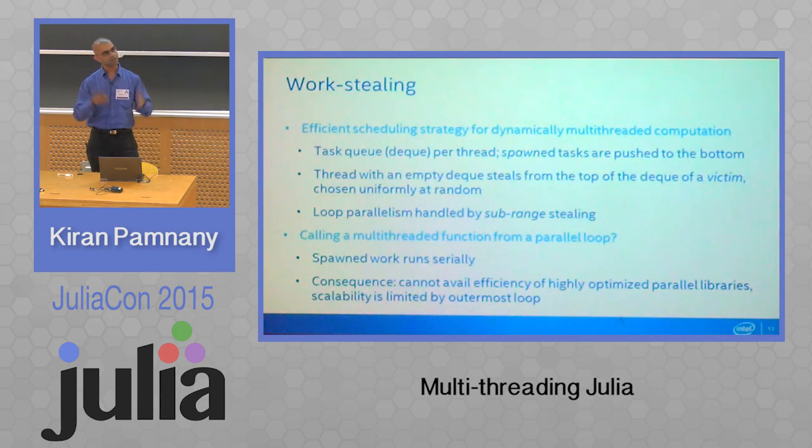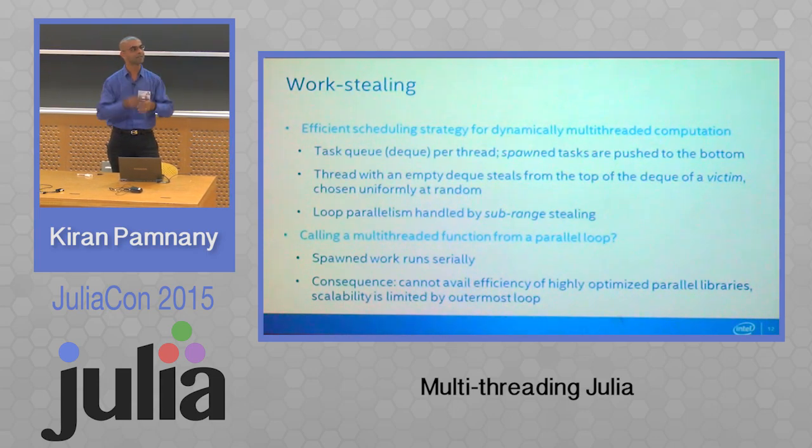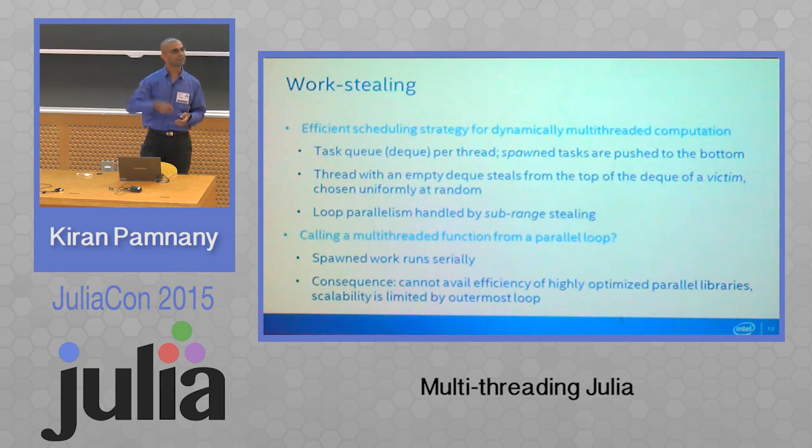Right, but if you have an outer parallel loop, then there are no idle resources until every thread has at least finished its allocation. Yeah, when it finishes its own part of the loop, then it'll go off and become a thief. Right, but what it can steal is from the back of the deque, which is the outermost parallel loop. Right, you get the full use of the processor.